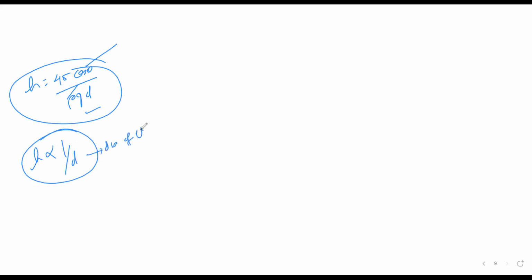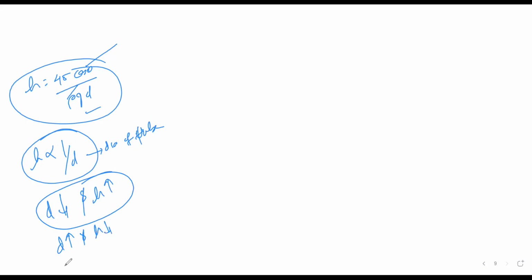If the diameter of the tube is less, there will be more capillary rise. If the diameter is more, the capillary rise will be small. So h is always inversely proportional to the diameter. Remember that this is very, very important. Next, we will see a question based on that.